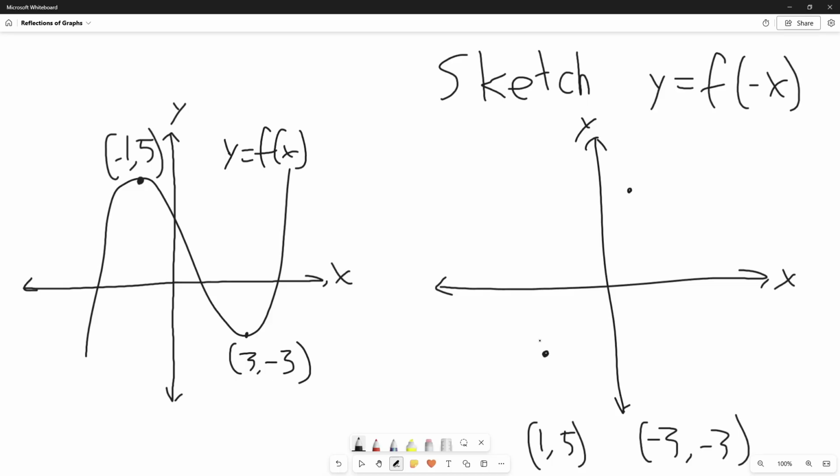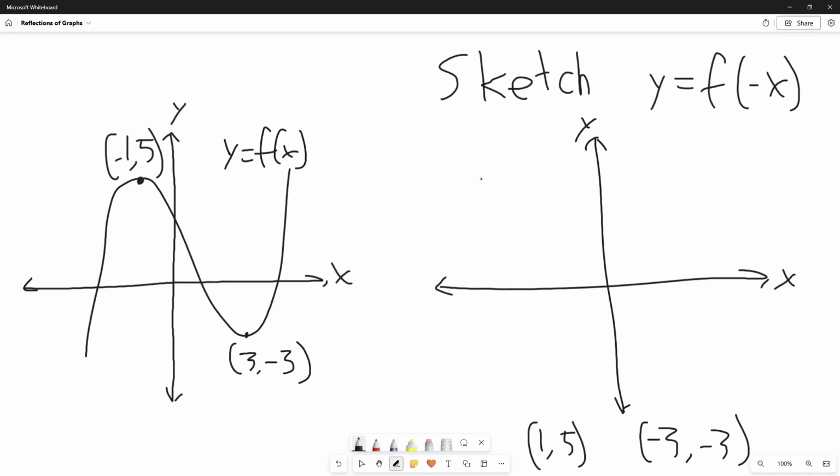And so we can just flip the graph over, starting from this side, and it starts at the positives and then goes down, goes up, and then down again. So let's draw the same thing, but just reversed into the negative x side.